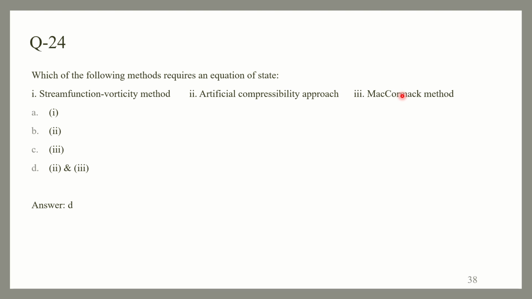Whereas the McCormack method, if you remember, is a method to solve the compressible fluid flow equations. In that we solve the continuity equation and momentum conservation equation. From the continuity equation we get rho, and from the momentum conservation equation we get rho u and rho v, depending on the dimension, like in 2 dimensions.